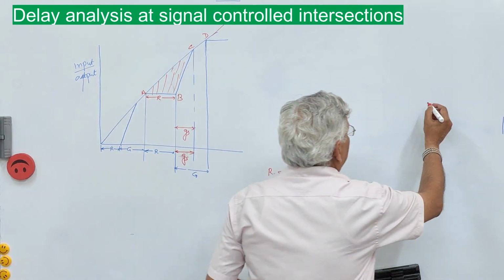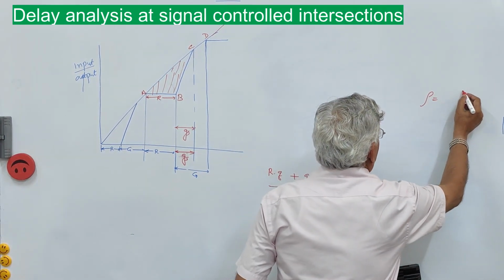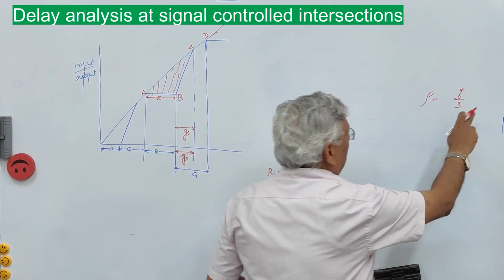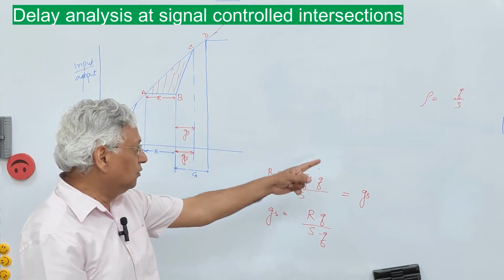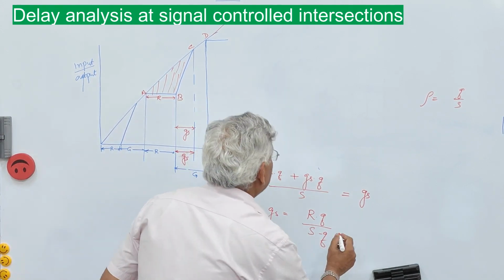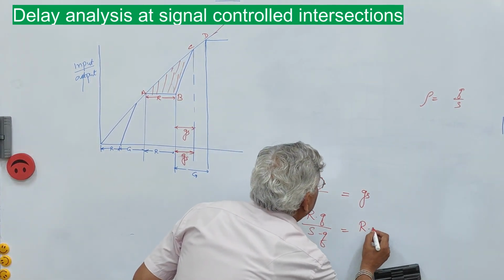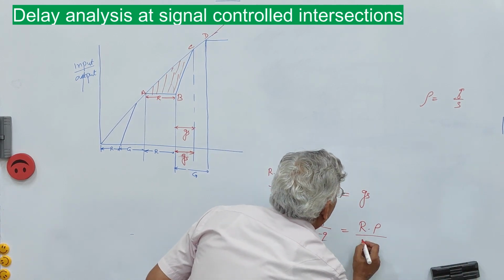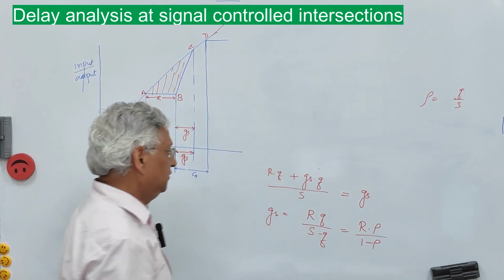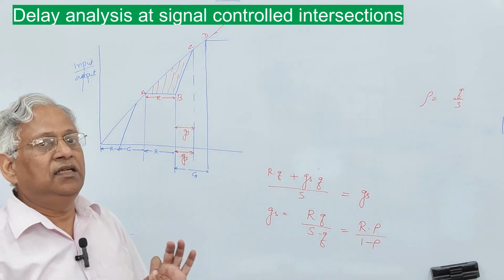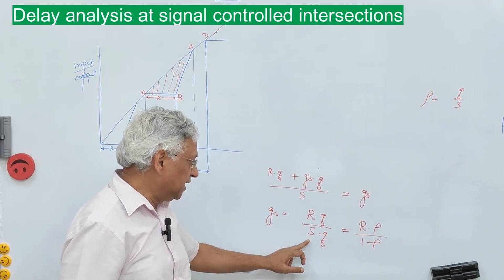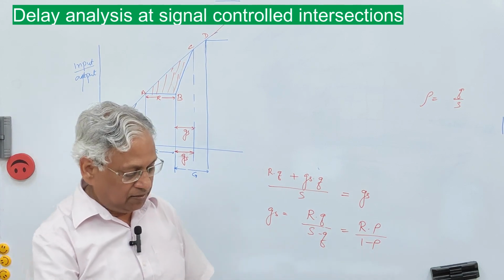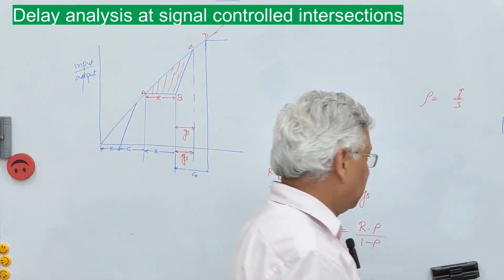And it is always convenient to put rho equal to Q by S. That is called the flow ratio, arrival upon departure. And if you substitute this value here, it will be R into rho upon 1 minus rho. That is the saturated green time. R into Q divided by S minus Q. That is the saturated green.